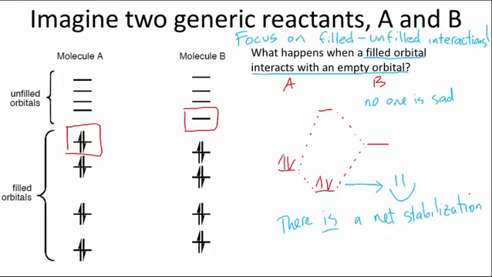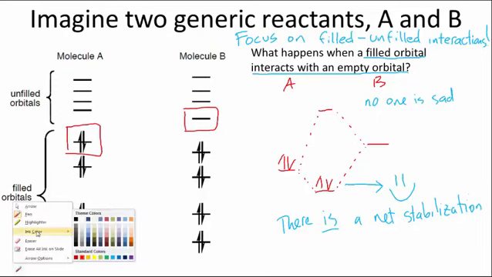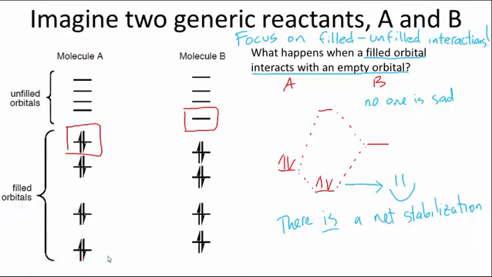So I wouldn't, for instance, consider the interaction between, say, the bottom filled orbital on one and the top unfilled. If I consider that interaction between those two, it's really not going to have an effect because they're so different in energy.